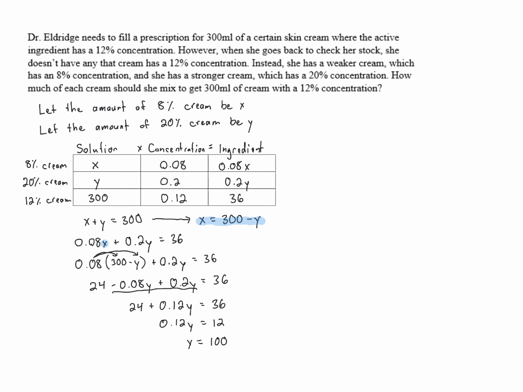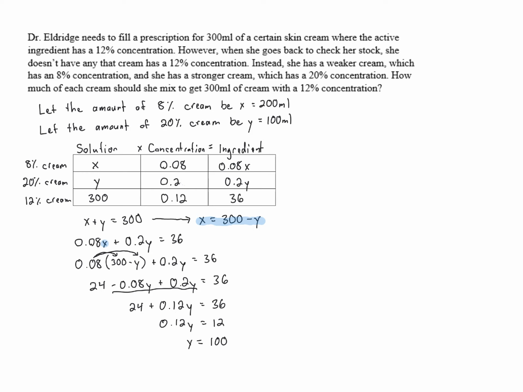Because y represented the amount of the 20% cream, we know that there's going to be 100 milliliters of that cream. Now we also need to find out how much of the 8% cream is going to be mixed. But remember, we wanted 300 milliliters in total. If 100 of that is from the 20% cream, that leaves 200 milliliters left over for the 8% cream.